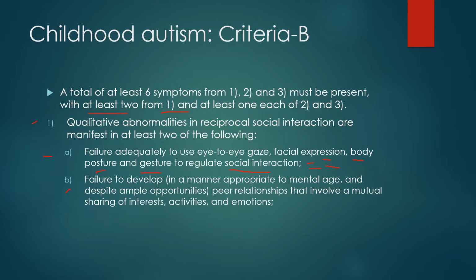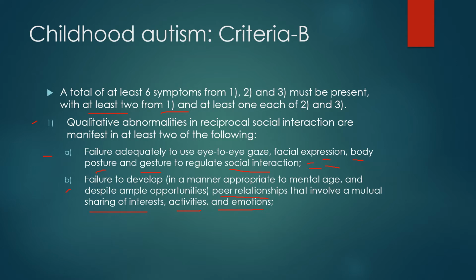Symptom B. Failure to develop in a manner appropriate to mental age and despite ample opportunities, peer relationships that involve a mutual sharing of interests, activities, and emotions.